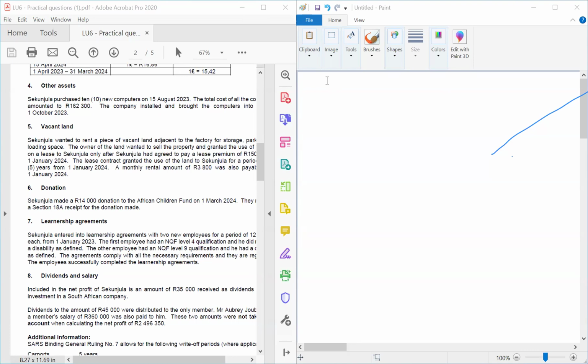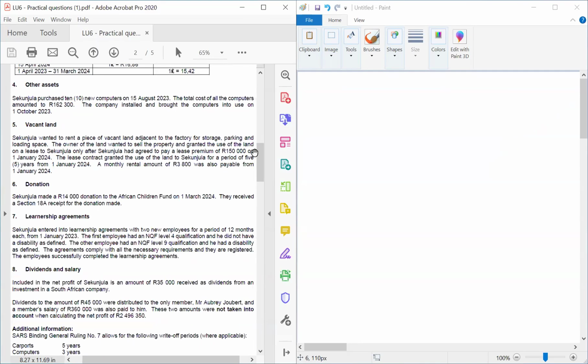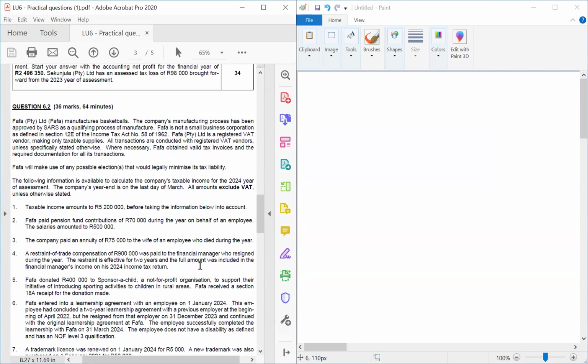Okay, so now what I'm going to tell you guys is the reason why I am doing this particular question today. After we do this question, this will cover all the basics that you are going to need in relation to allowances, right?